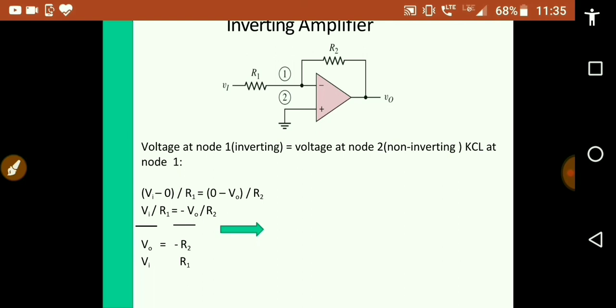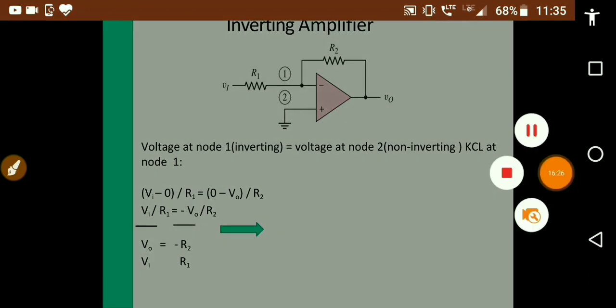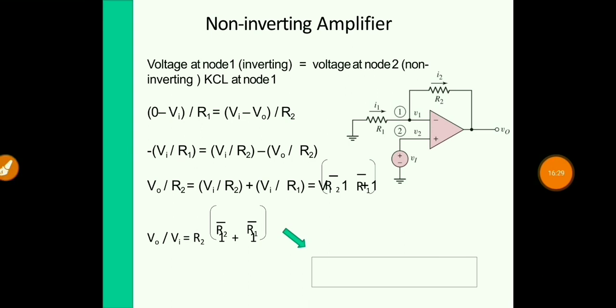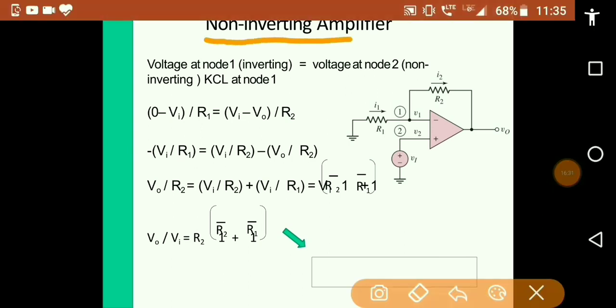So this is the gain for the inverting configuration. Now let us see the gain for the non-inverting configuration. So this is the circuit diagram of the non-inverting configuration, where input voltage is applied at the non-inverting terminal.